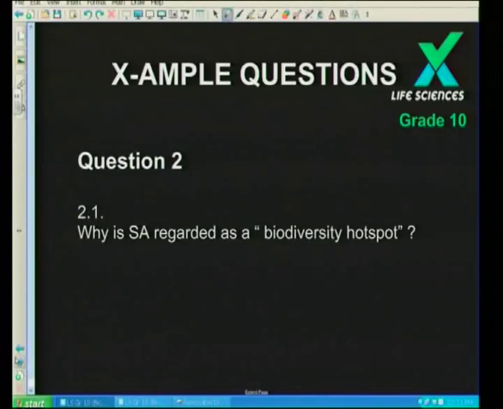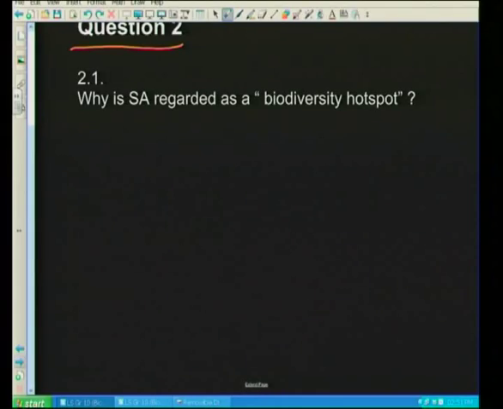We are now going to questions which need a longer answer and more application. Let's look at question 2. Why is South Africa regarded as a biodiversity hotspot? Now let us analyze, why is it regarded as a biodiversity hotspot?